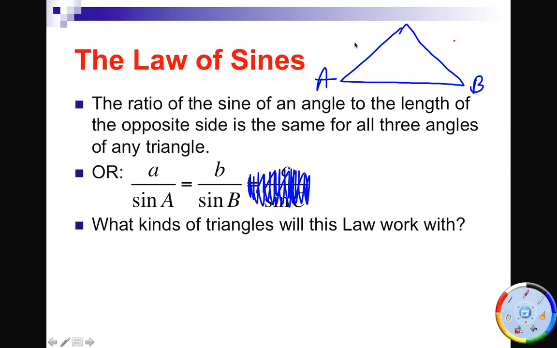If I knew little a, that would help me solve for little b. And likewise, we could do this any way here. We could say, what if I didn't know big A? If I didn't know big A, I would need little a and little b so I could solve for big A.